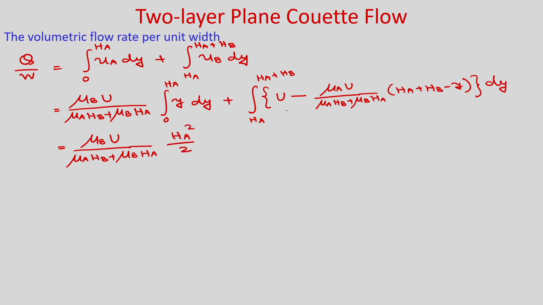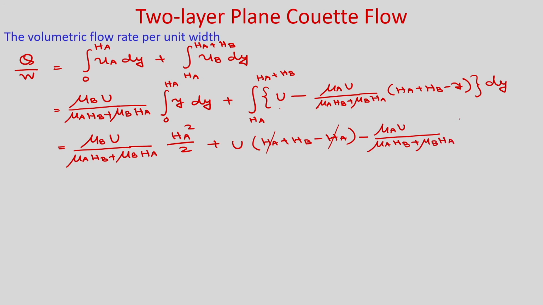If you integrate only the first term, it will be U dy, that means it will be U, and if you put the limit, it will be y. So, it will be Ha plus Hb minus Ha. Okay. So, this Ha will get cancelled, then minus mu a U divided by mu a Hb plus mu b Ha. Okay.